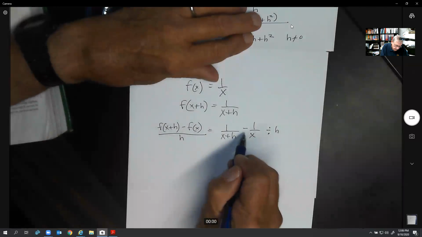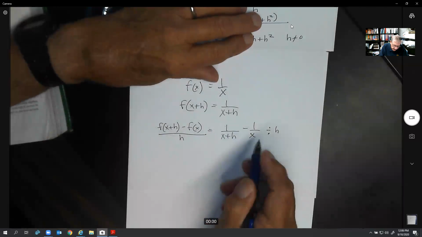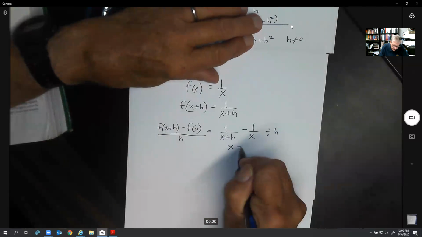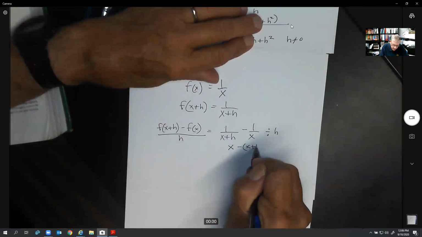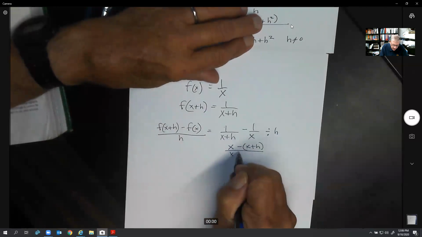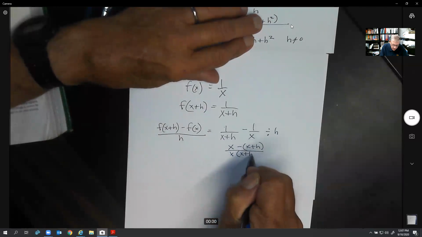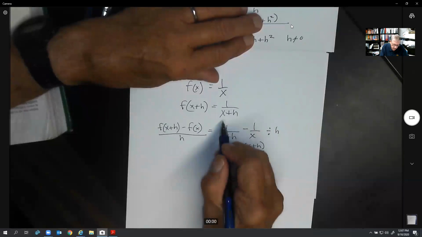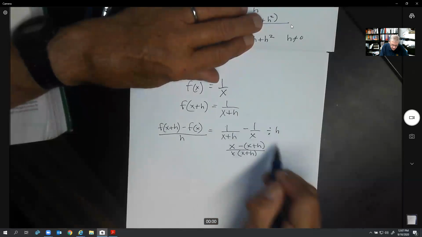Okay, we're going to multiply diagonally down, x. We're going to multiply diagonally up, minus x plus h, that quantity. And now we're going to multiply the two denominators, x times x plus h. Criss-cross applesauce.